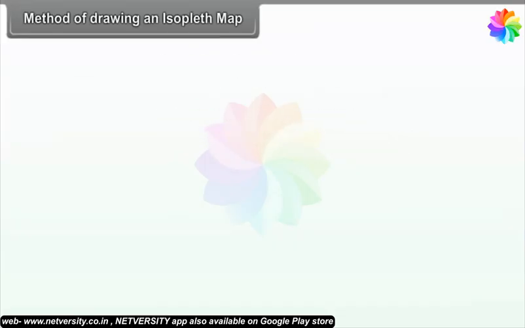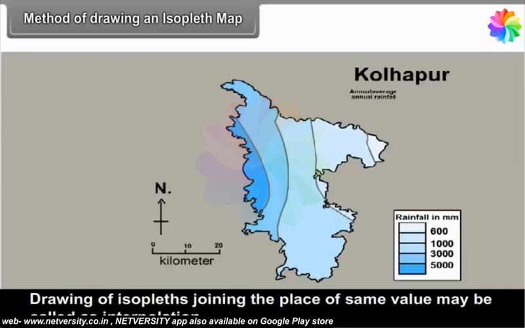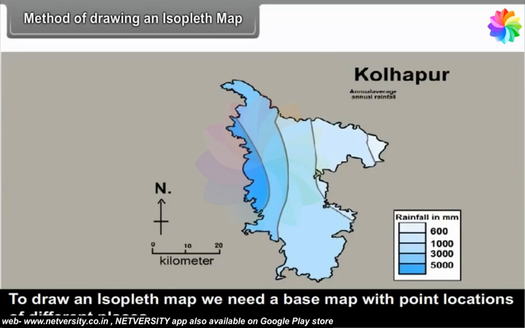Methods of drawing an isopleth map. Drawing of isopleths joining the places of same value may be called interpolation. To draw an isopleth map, we need a base map with point locations of different places.